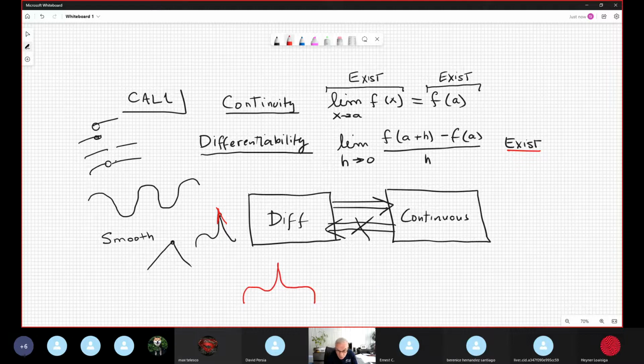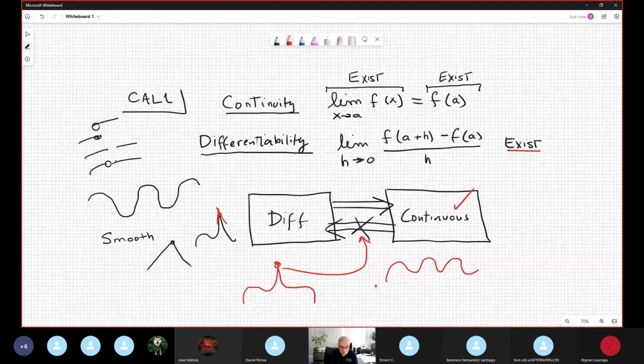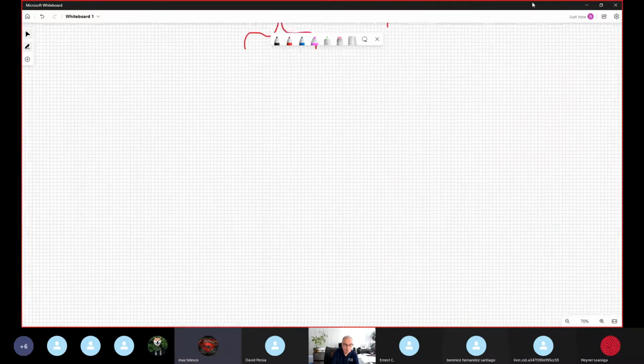Yes. Okay, cool. But it's not differentiable at that point. That is the reason this implication does not exist. Okay. Thank you. If it's differentiable, it's because it's continuous and smooth. Now, 100%, I guarantee continuous, right? In that direction. Cool? Yes.